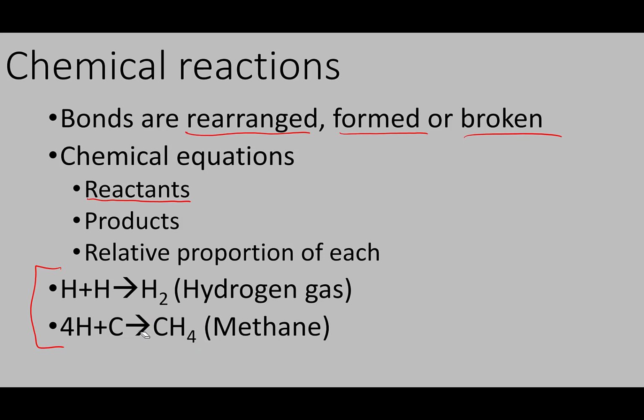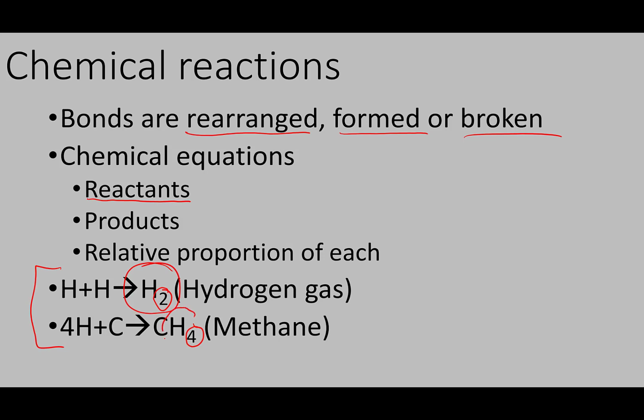Now let's look at one other thing that's not mentioned on the slide, but we will often see some numbers down in the bottom right. The number down in the bottom right just tells us that there are that many of that atom chemically joined together. So here we have 2 hydrogens chemically joined together.